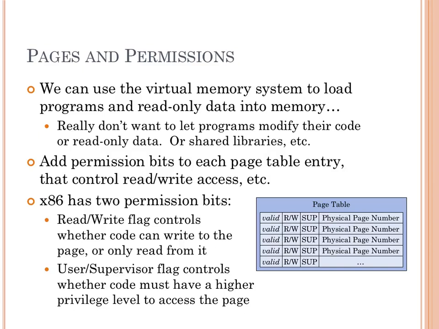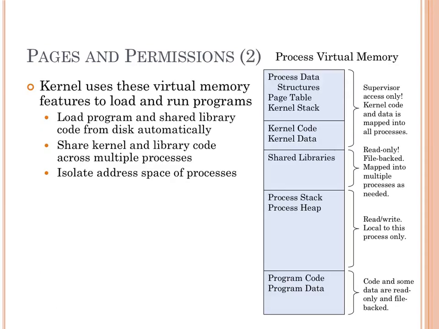And then you have supervisor, that's your kernel mode. Are you only allowed to access this address range from kernel mode, or can you access it from user mode or normal mode? This allows you to start putting protections into your virtual address space so that you can control what things happen.